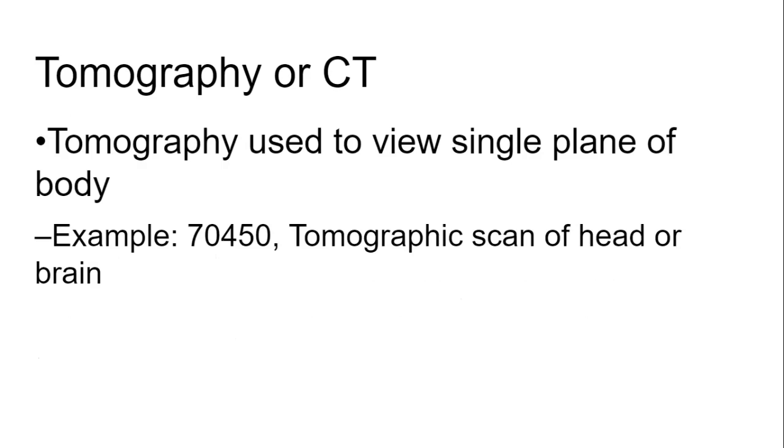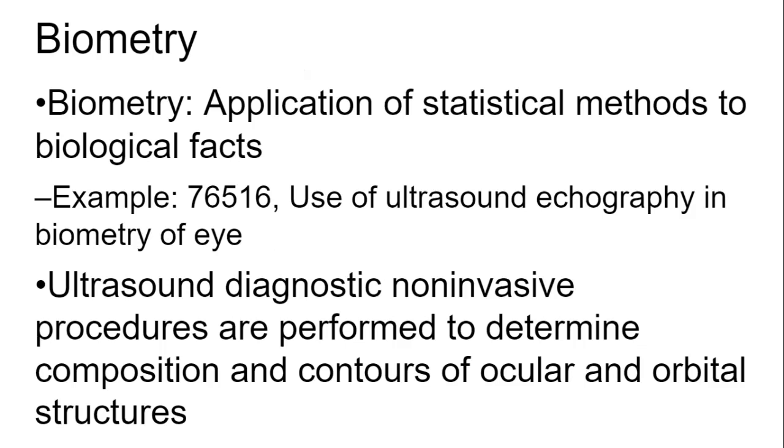Tomography, or CT, which is computed tomography. Tomography is used to view a single plane of the body. For example, 70450, tomographic scan of head or brain. Biometry: application of statistical methods to biological facts.